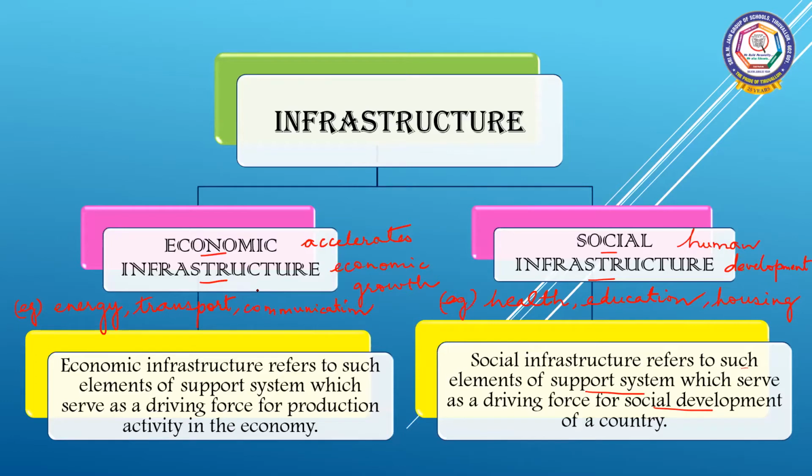And there is again another difference between economic infrastructure and social infrastructure. Economic infrastructure raises the stock of physical capital, and this in turn will increase production, and that would lead to economic growth.